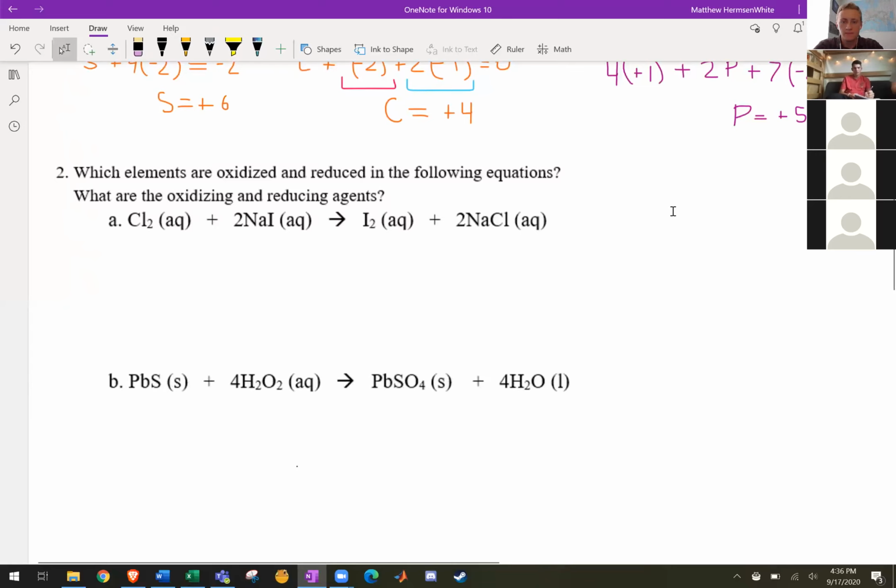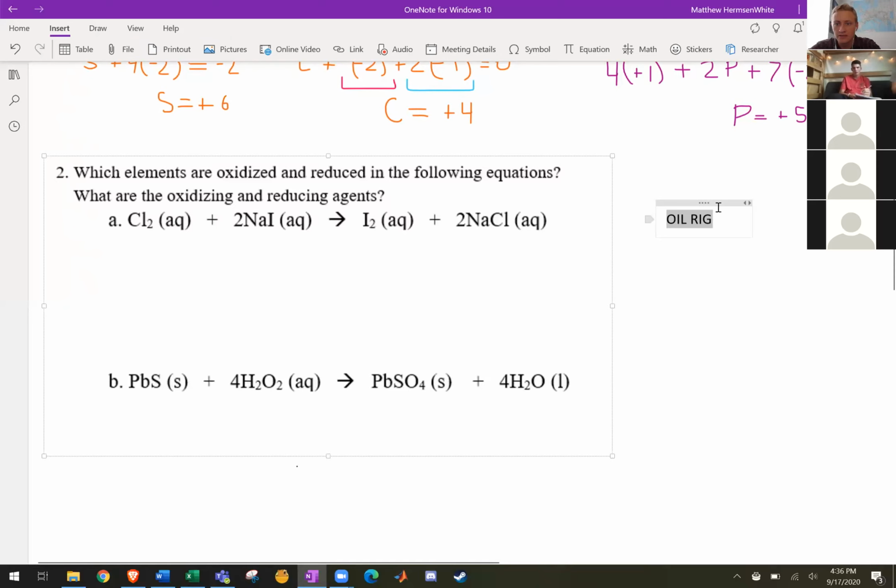I'm going to put down an acronym here that you guys may have seen in the class notes. The acronym is OIL RIG. Does anyone know what OIL RIG means? Is it just like oxidation is losing and reduction is gaining?